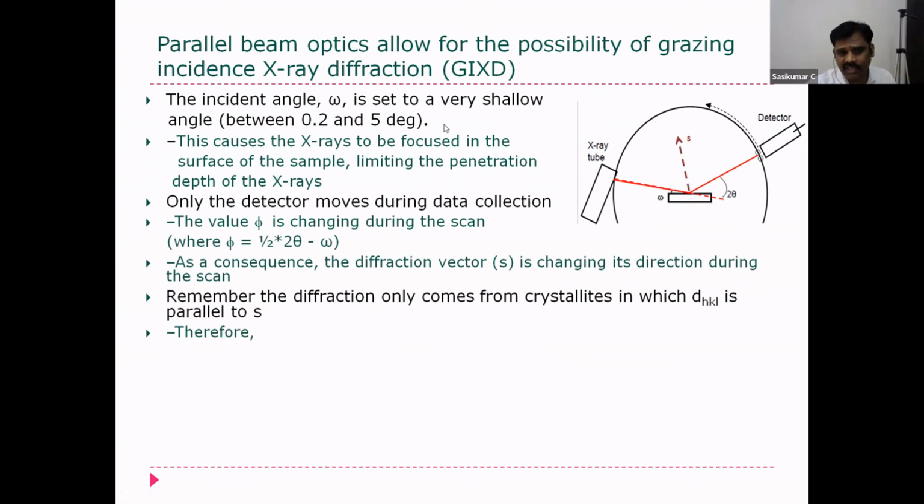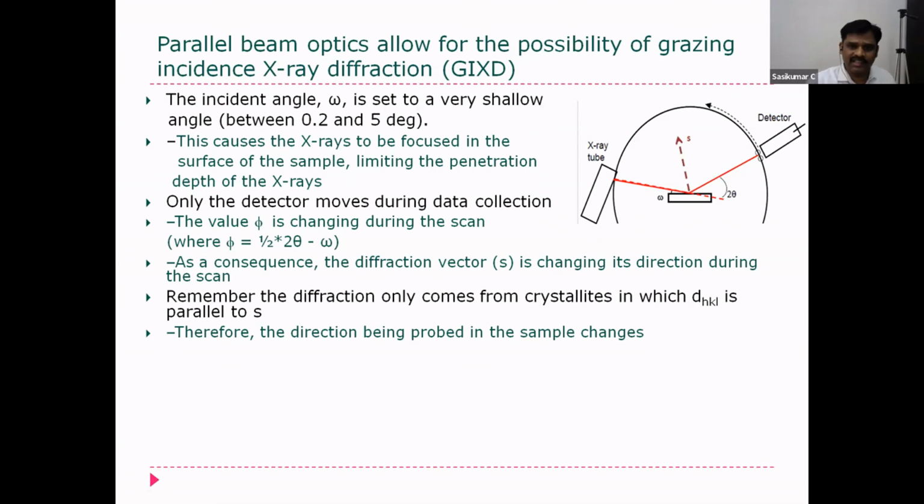In this way you can restrict the penetration of your X-ray, so the X-ray penetrates only the top of your specimen. Say you have a thin film of your material. The X-ray needs to penetrate only a short amount, maybe 10 nanometers, a few tens of nanometers, maybe 40 nanometers, 100 nanometers.